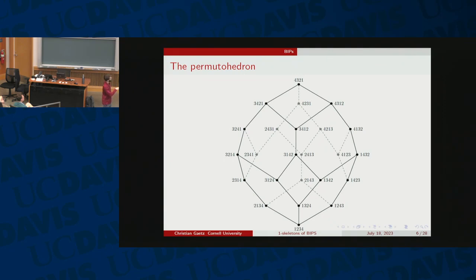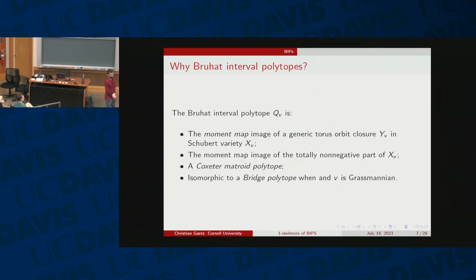If I take the edges of this polytope to be the cover relations of a partial order, I have a partial order, and it's different than the Bruhat order that I showed you a few slides ago, which, if you recall, had a lot more edges than this. So this is a weaker order, and in fact, it's called the weak order, or weak Bruhat order. And so we're going to be generalizing that in this talk.